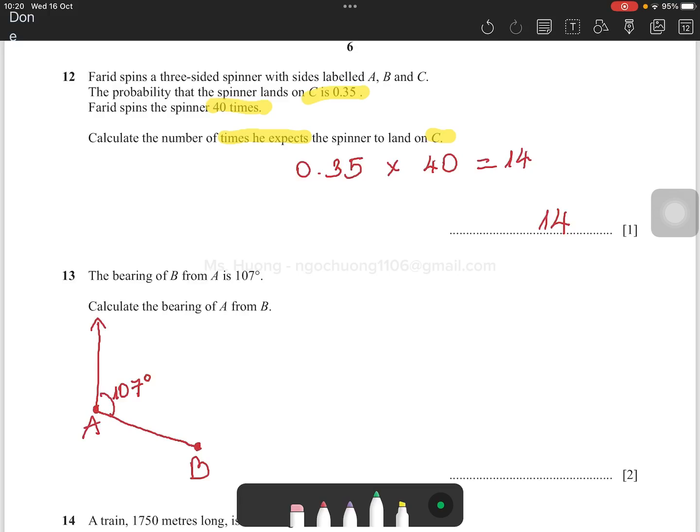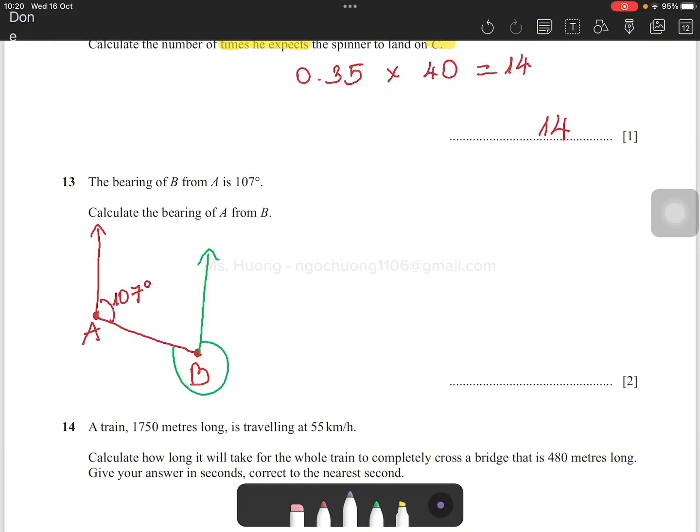So now we want to find the bearing of A from B. So this is the bearing of A from B. And to do this, we will split this angle into two parts. We extend this line. So you see that this angle, the purple angle, should be the same as 107 degrees because they are the corresponding angles.